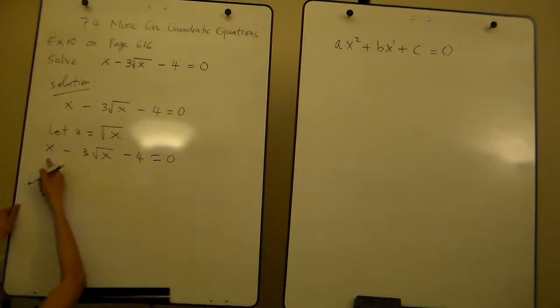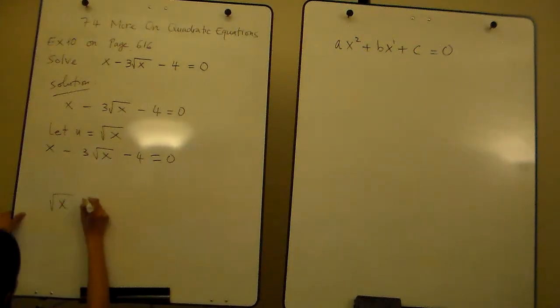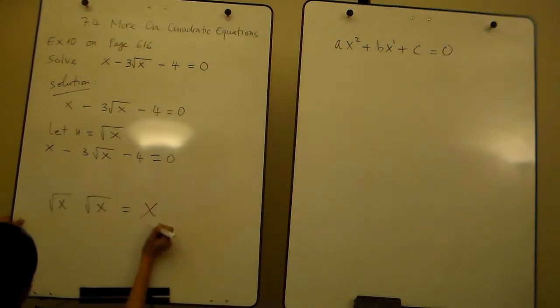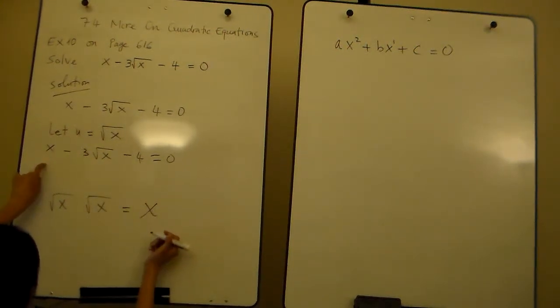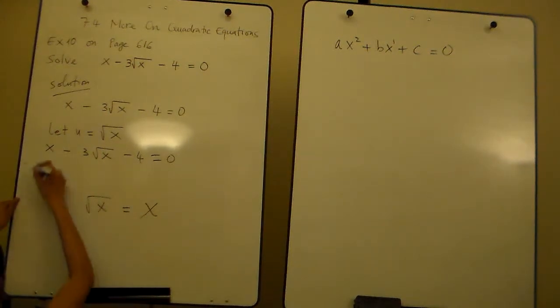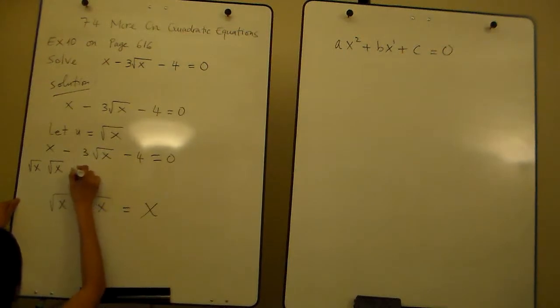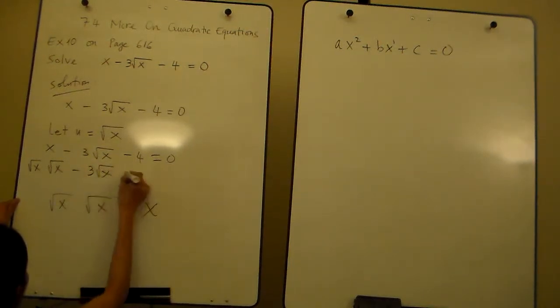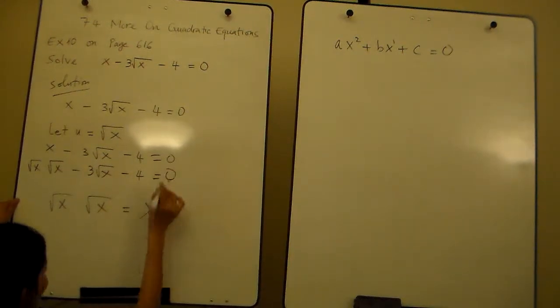Don't forget this one is square root of x times square root of x is equal to x, okay? So that means if you write this in terms of square root of x, it would be square root of x times square root of x, okay, minus 3 square root of x minus 4 equals 0.